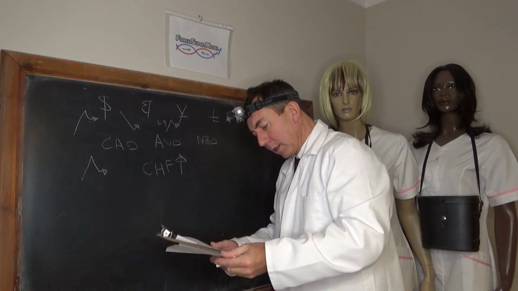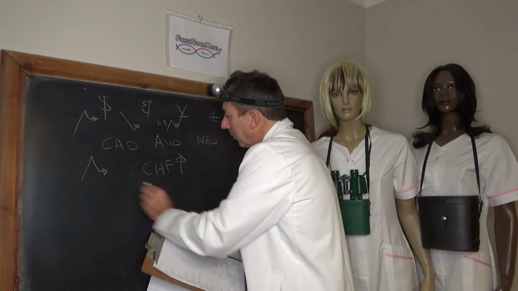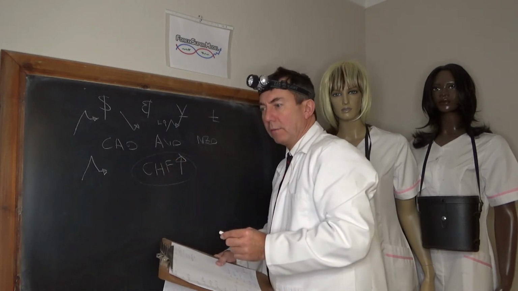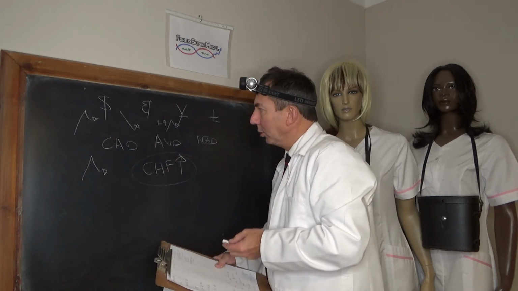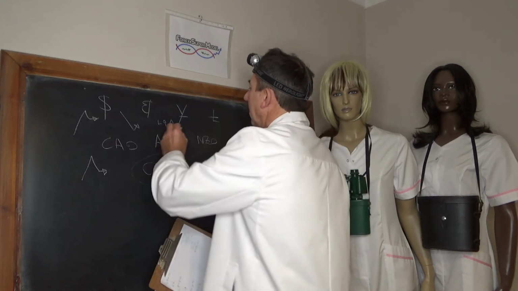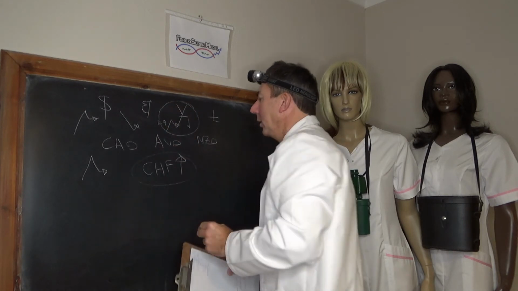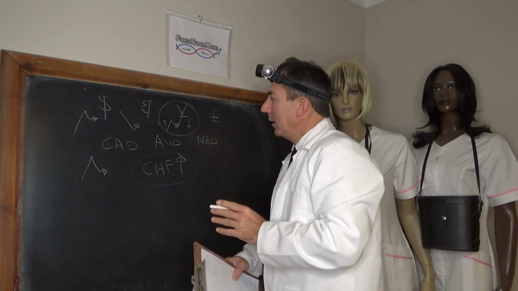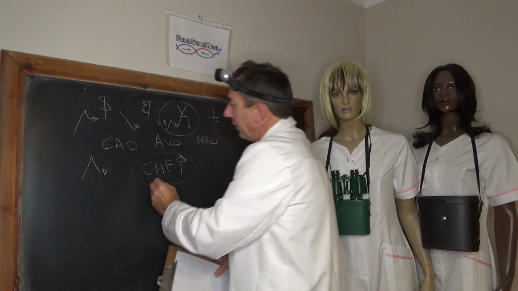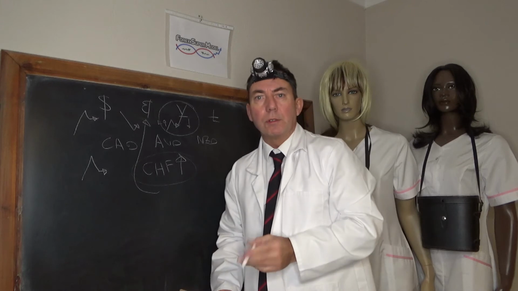If you look, the Swiss is strong across the board basically, and the yen is weak across the board as well. So you've got this situation, and this may well be feeding into the euro. So the Swiss may well be front running euro strength.